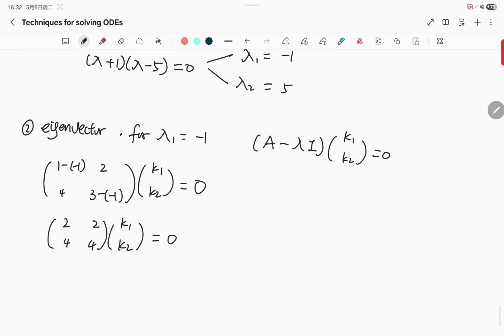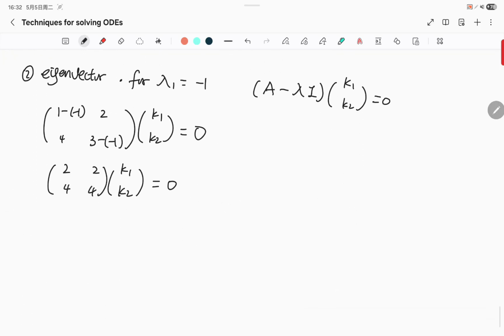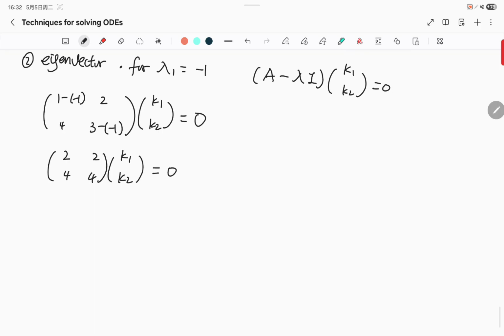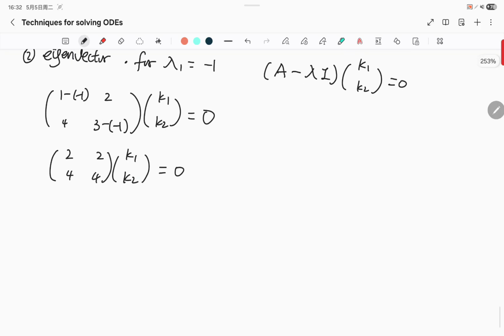Now, the eigenvector is the relationship between k1 and k2. That means we're looking for any arbitrary but simple value for k1 and k2 such that these two multiplied together equal the 0 matrix.